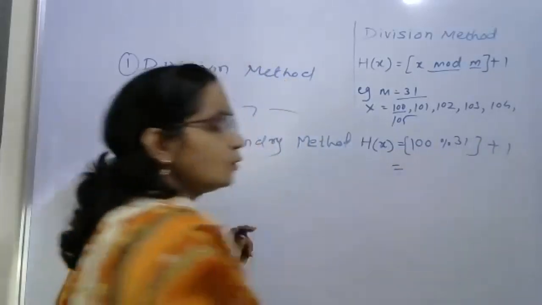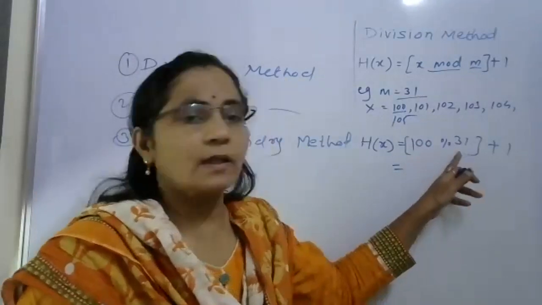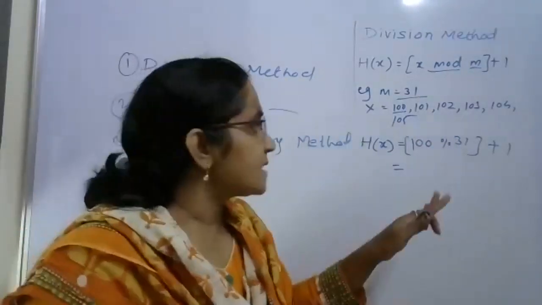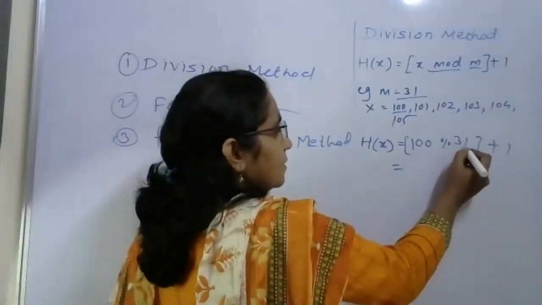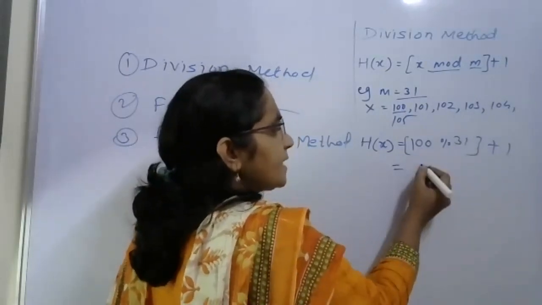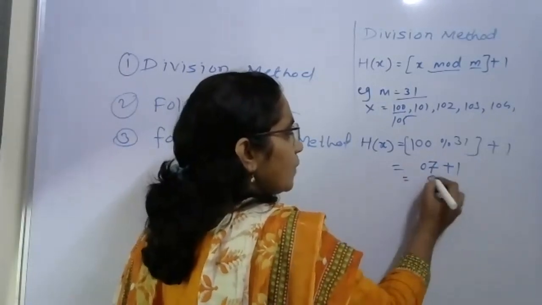So what will be the value? When 100 is divided by 31, the remainder is 7. 31 3s are 93. So 100 minus 93 is equal to 7, plus 1, and that is equal to 8.